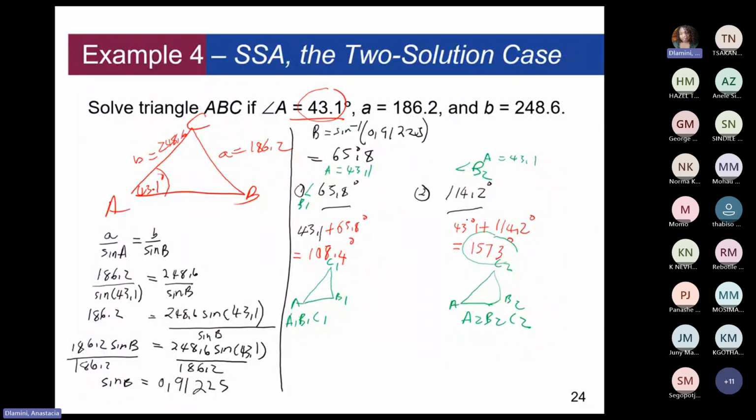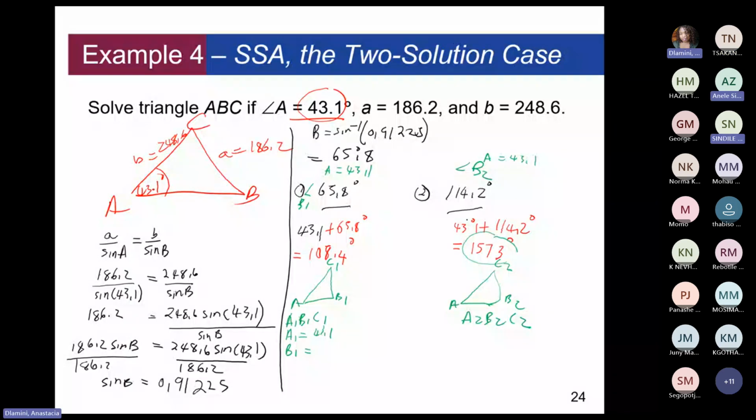Now, what is missing here? We know A, isn't it? What is A1 equal to? 43.1. And then B1 is equal to what? 108.4.